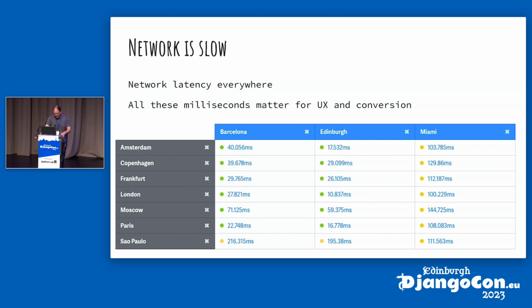And this gives, I don't know, 150 milliseconds latency, and it's really slower than if you put your server near your users, and it's best for conversion and for user experience. These milliseconds matter a lot. I can measure the difference when my server is far from the user. It's a really good experiment to do, but not easy.